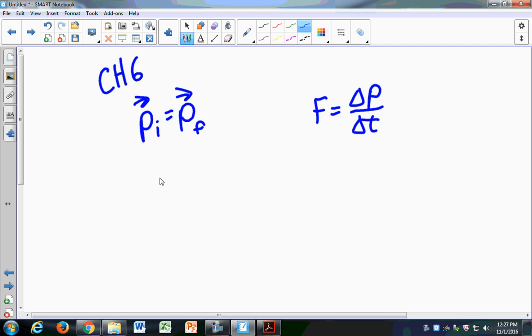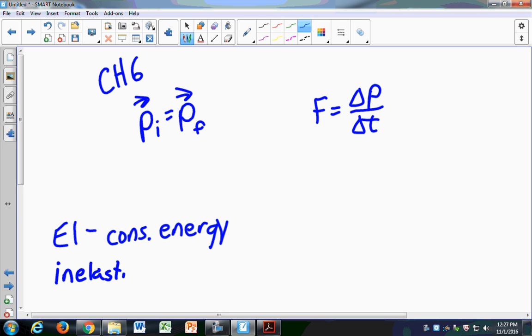Well, as I said, you need to know elastic versus inelastic. Elastic collisions conserve energy. They're really bouncy, and so they conserve a lot of energy. And inelastic only conserve momentum. Actually, all collisions conserve momentum, so elastic conserve energy and momentum.